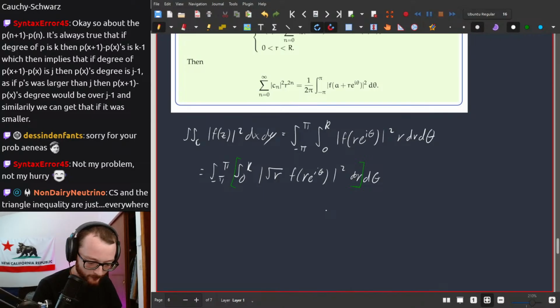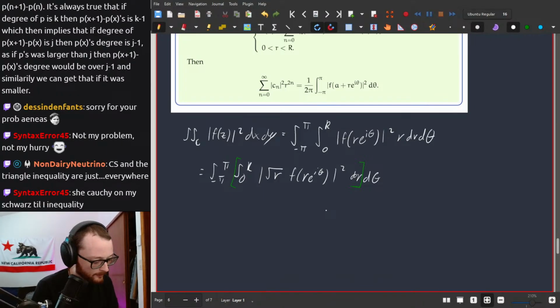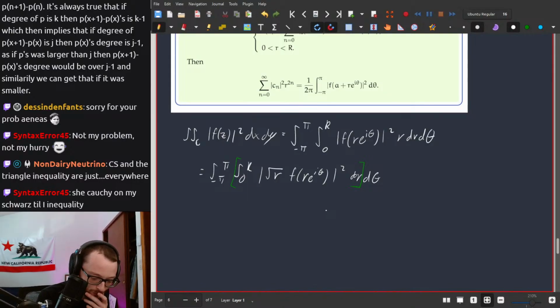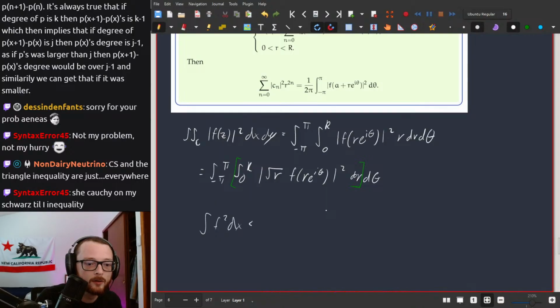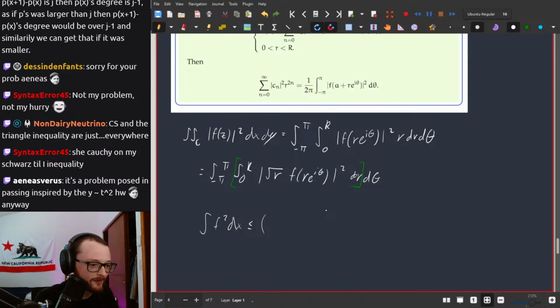I forget how Cauchy-Schwarz goes for an integral that looks like this. And every time I look at the Wikipedia page for Cauchy-Schwarz, they give the very general definition with inner products, and I don't remember how that works here. So I'm looking for an example in my PDE notes for where we use Cauchy-Schwarz. Oh wait, I think I remember. Do I remember? Oh wait, this is gonna be weird.